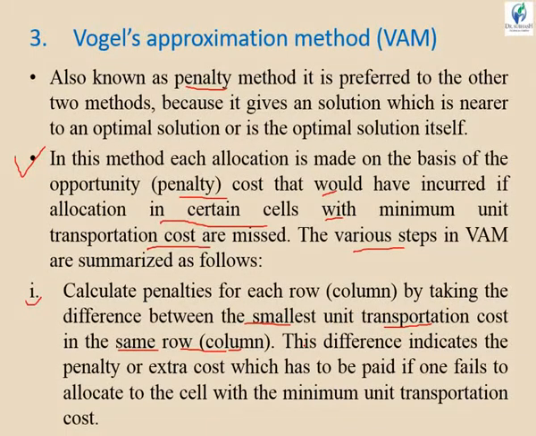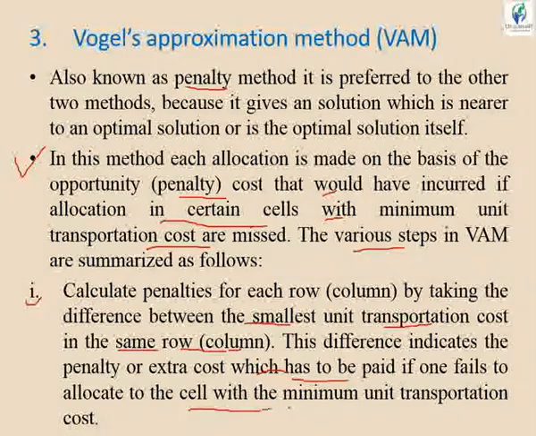You will have a better understanding in the example itself. This difference indicates the penalty or extra cost which has to be paid if one fails to allocate to the cell with minimum unit transportation cost.